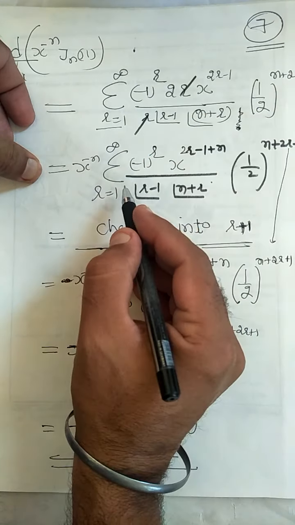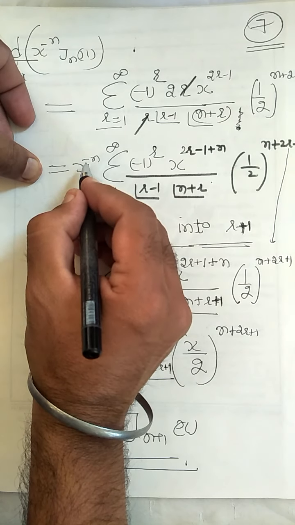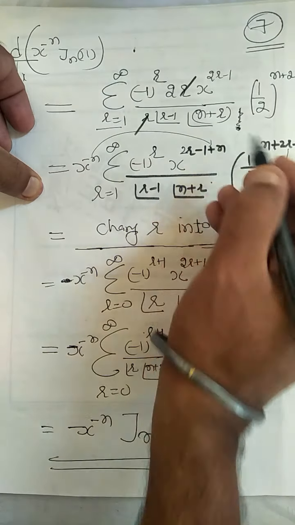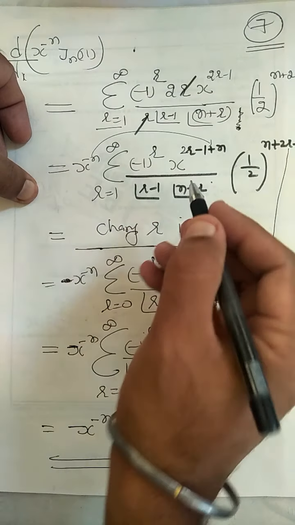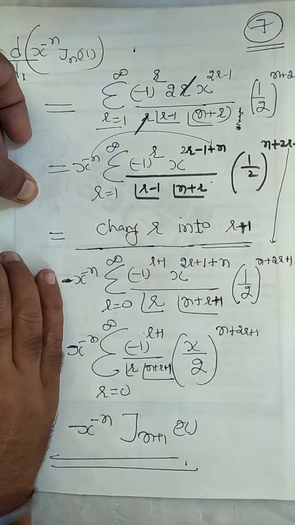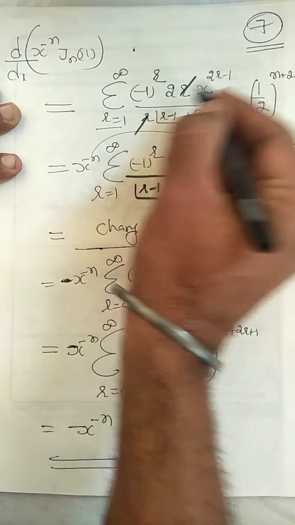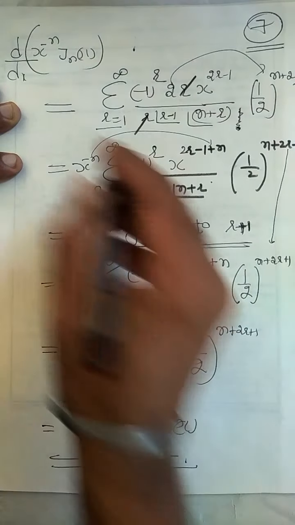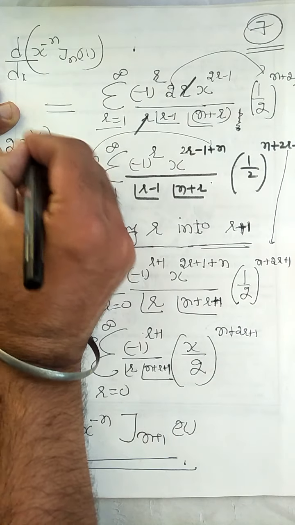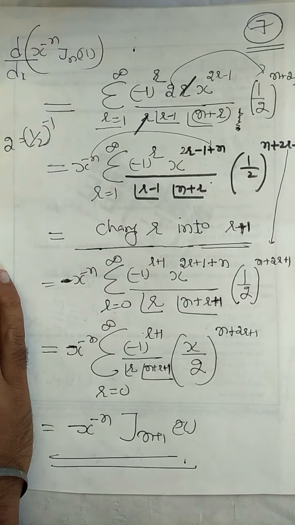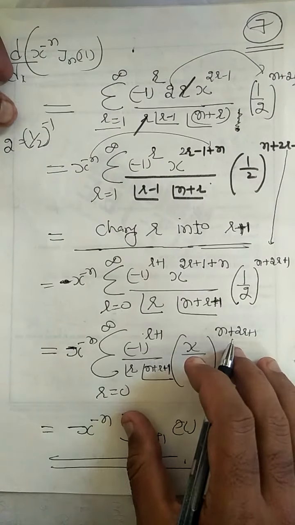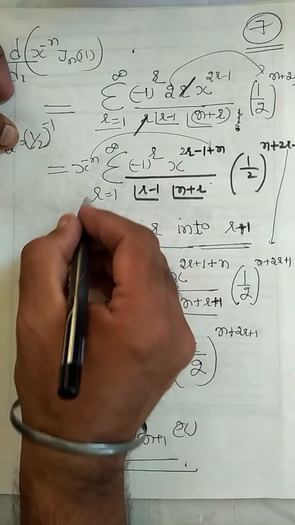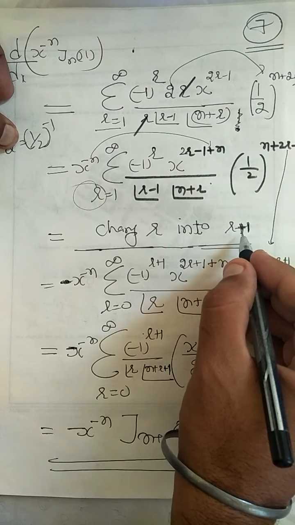Now take x raised to the power minus n common. It means plus n is there. Now for adjustments, this 2 goes in. Now change r into r plus 1.